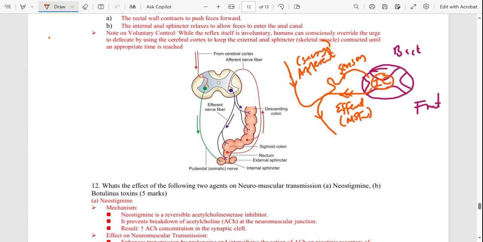There's something that caused the stimulation of the sensory or afferent nerve. And then the efferent nerve is also going to go and innervate the muscle of interest. We call this the effector organ. So these are the components of the reflex arc: stimulus, sensory nerve, the center, then the efferent, and then the effector.